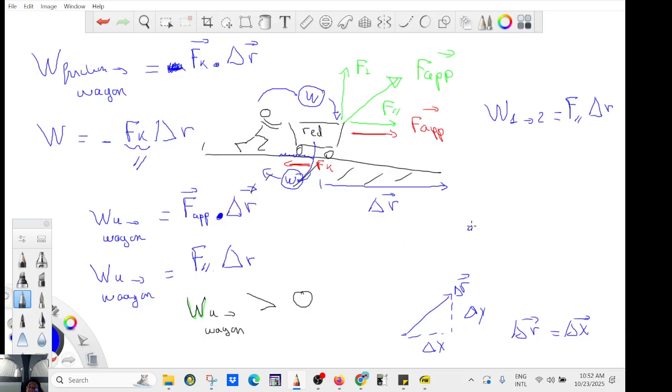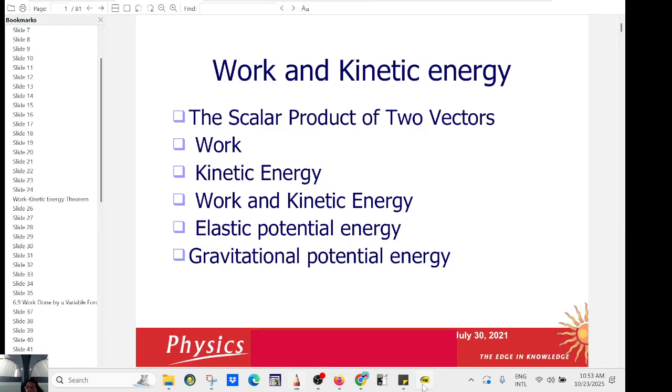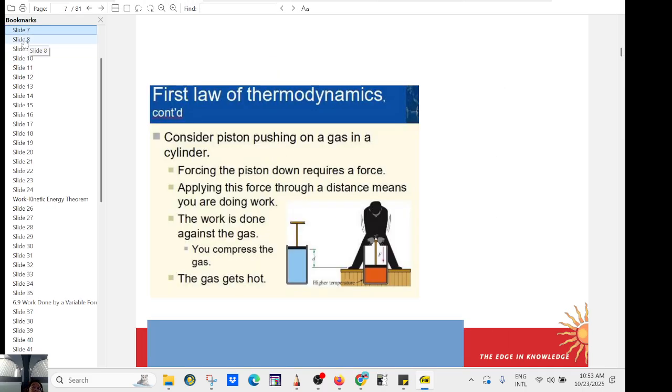So if you move a wagon in 2D, like if you have a wagon here and you pull, and that will be your delta R, you need to find the parallel component to delta R. Only the parallel component is doing work. Okay? Once you understand that, we are done with the unit. And then it's just details.